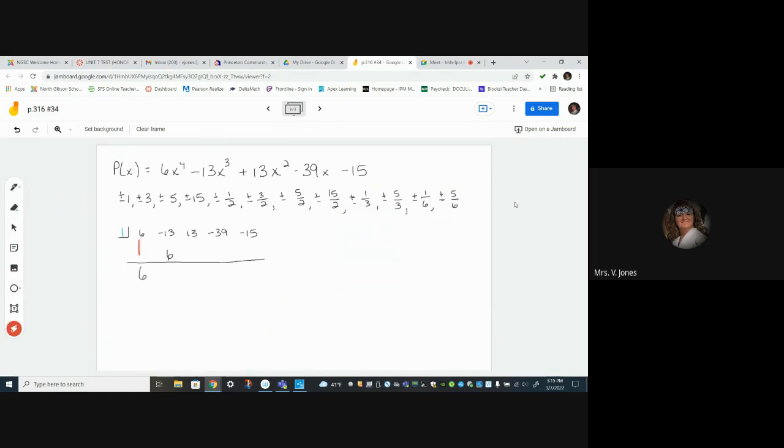Remember we bring this down, and then we multiply these 2, and it goes there. You multiply, then you add. Then we're multiplying these two, it goes there, and then we'll add.